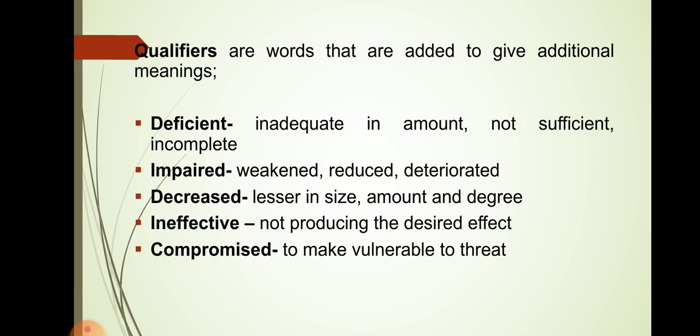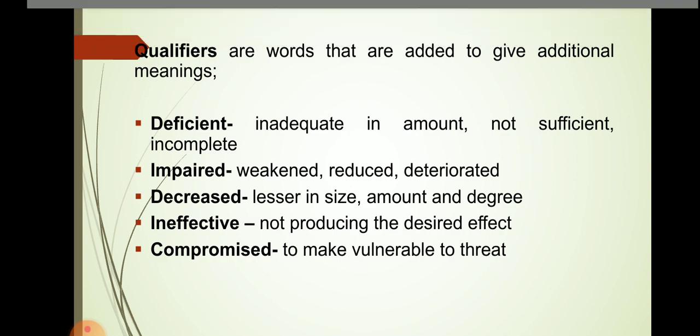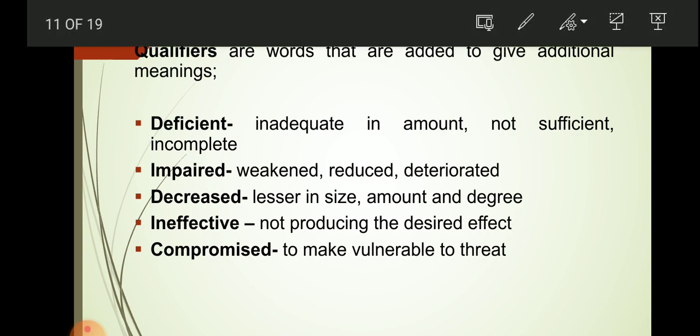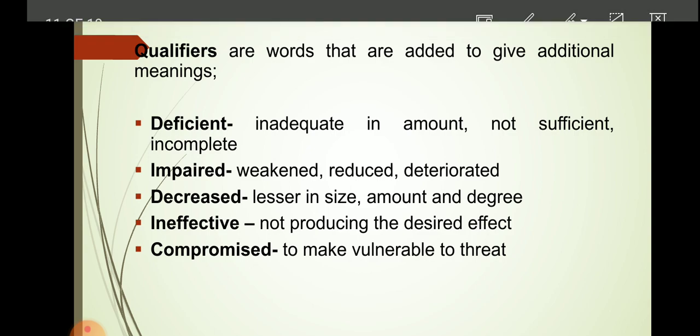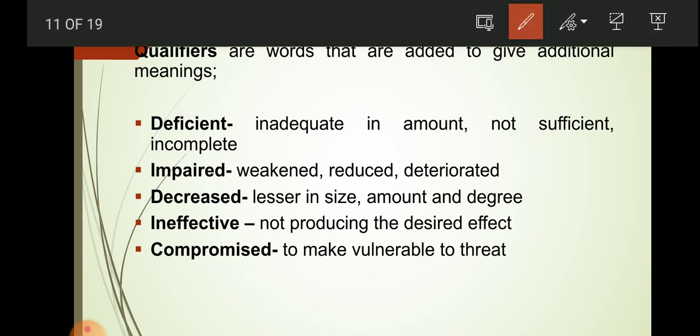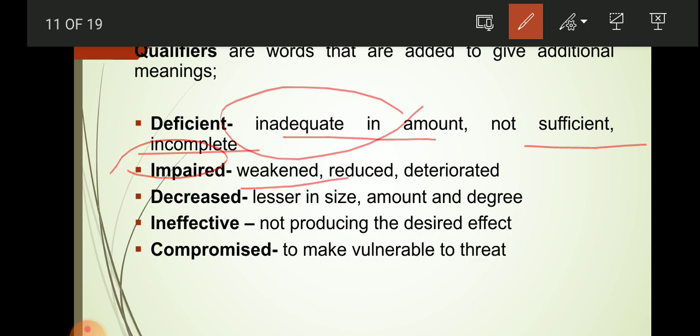So here are the qualifiers that are added to give additional meaning. You can actually read these in your handbook. The first one here is deficient. When I say deficient, it means inadequate in amount, not sufficient, or incomplete, like deficient knowledge, okay? Impaired means weakened, reduced, or deteriorated, like impaired mobility, impaired mental capacity.